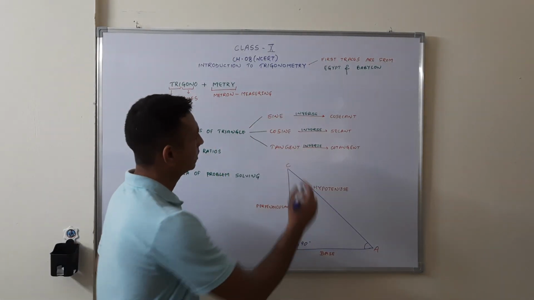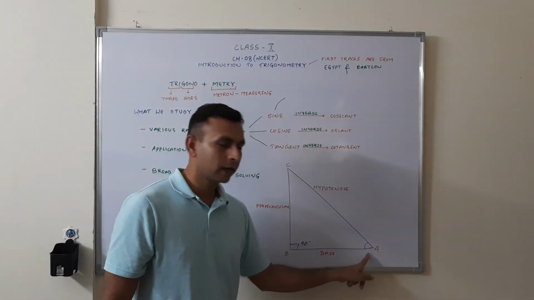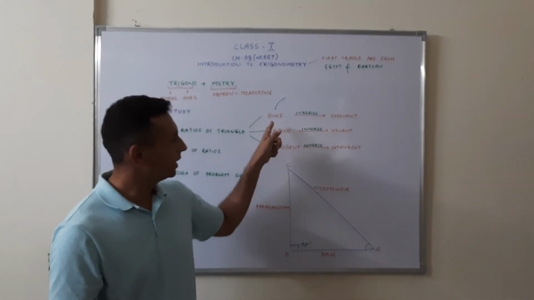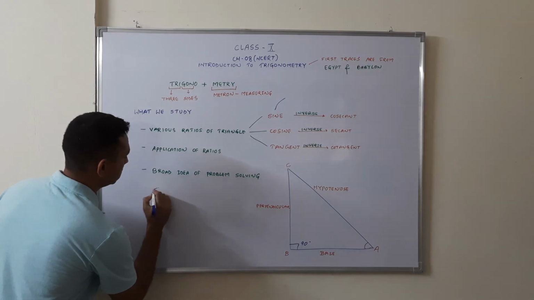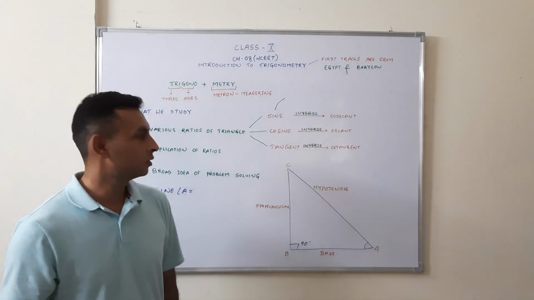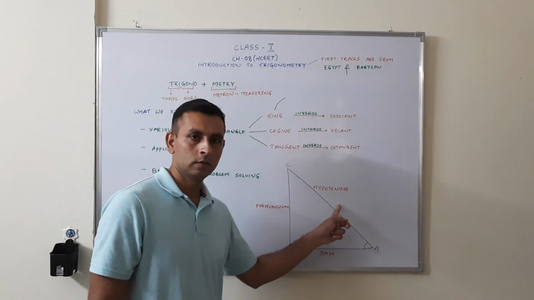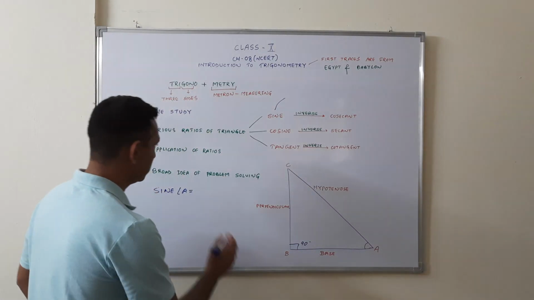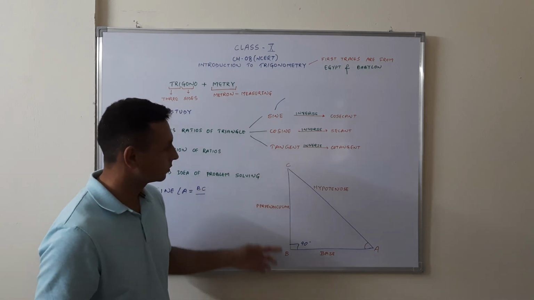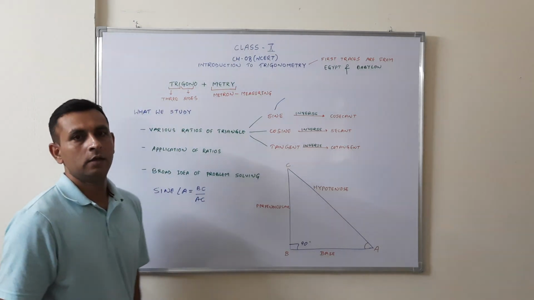So how do we define it? Sine is nothing but, whichever angle you want to calculate out of here, suppose I have taken angle A as a reference. This angle A, when I take the sine of it, that is equal to opposite side upon hypotenuse. What is the opposite side of it? BC upon AC. Okay.